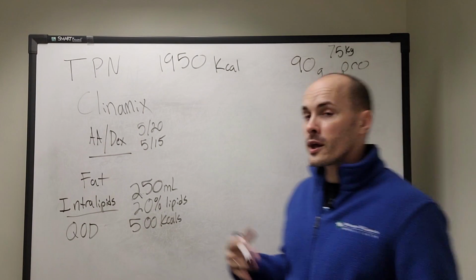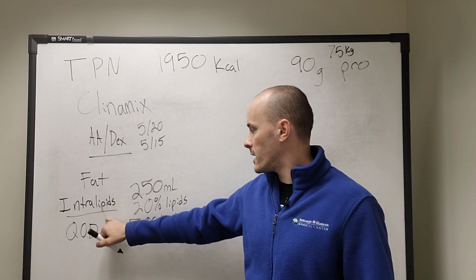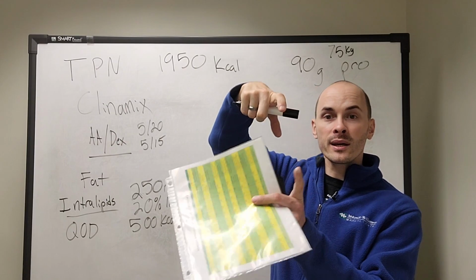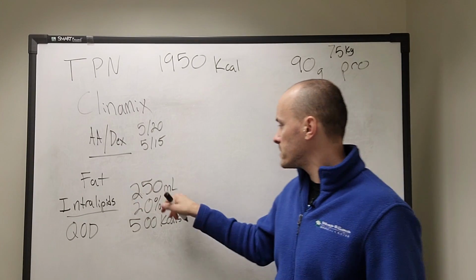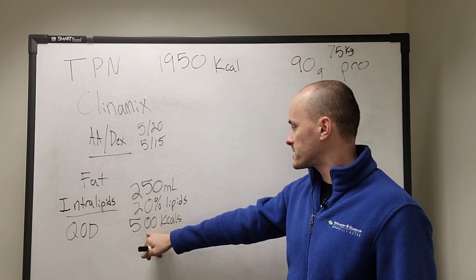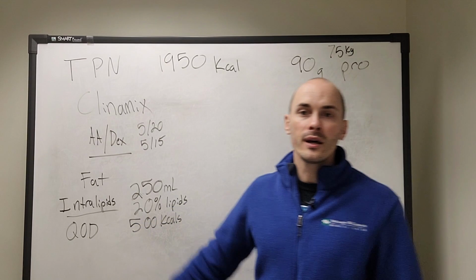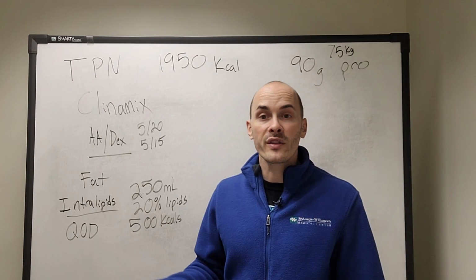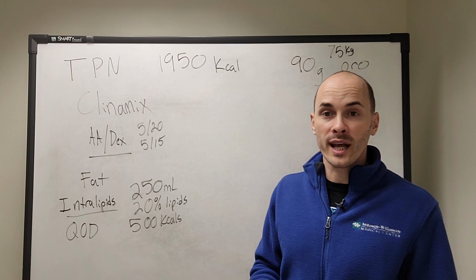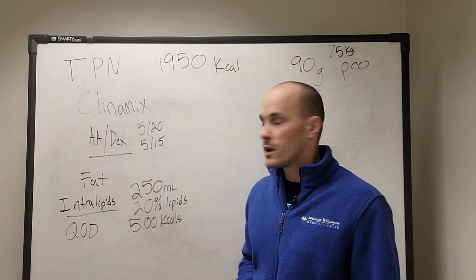Cool. So here at our hospital, we use a product called intralipids. Intralipids is a little bag about yay big. It has 500 calories in it, a 250 ml bag of 20% lipids, 500 calories. I often give this every other day, except in some cases where a patient needs more than 2100 or 2200 calories a day, I will give them this product every day.